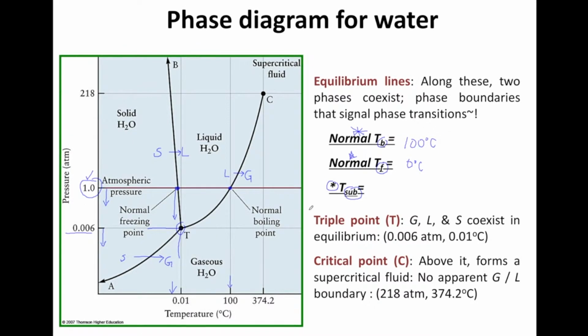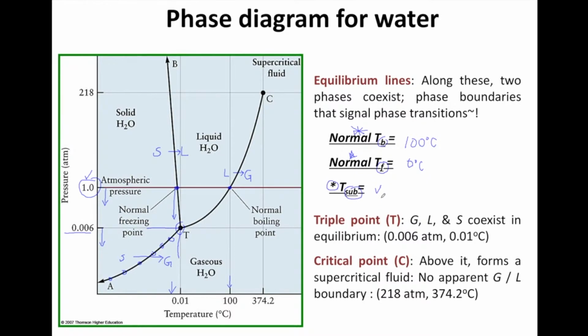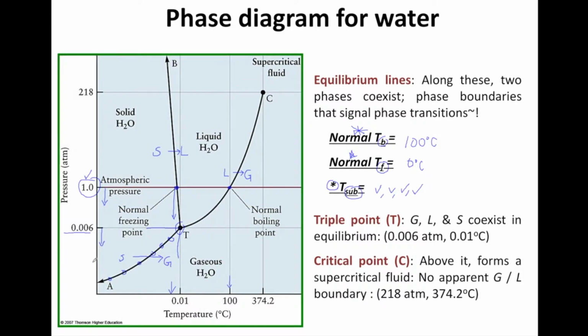But now the temperature of sublimation, remember, is going to be any temperature that corresponds to the points that belong to this equilibrium line. So the temperature of sublimation can be any temperature that can be located in this region.